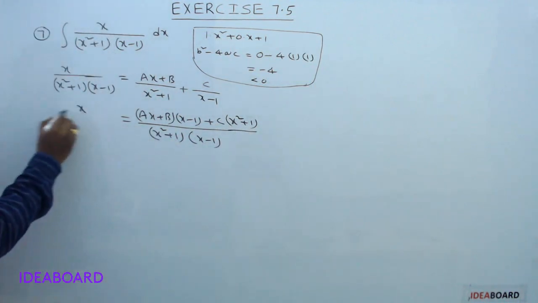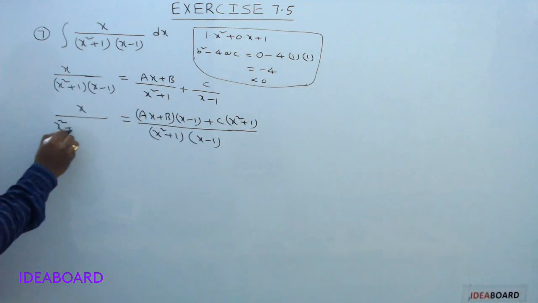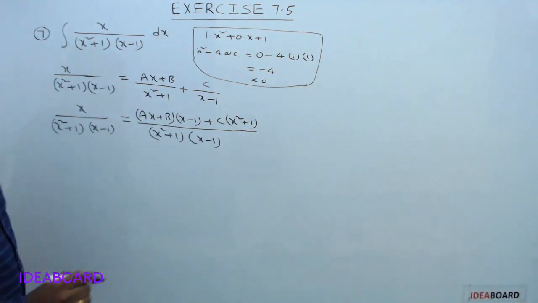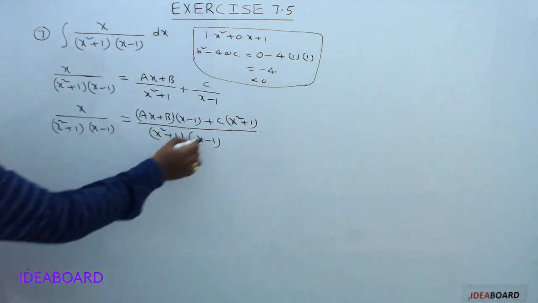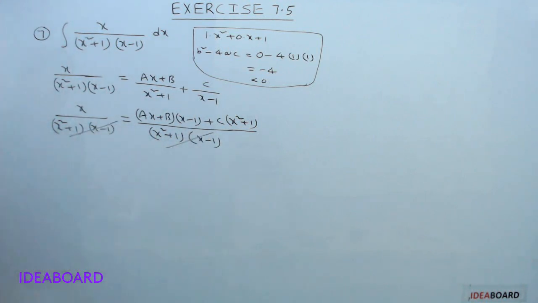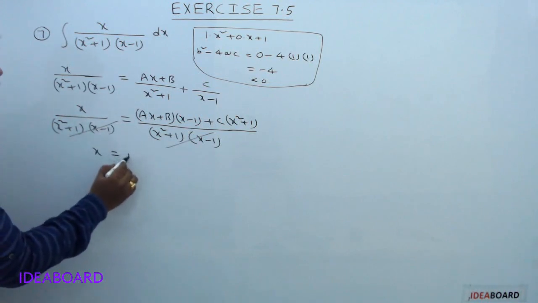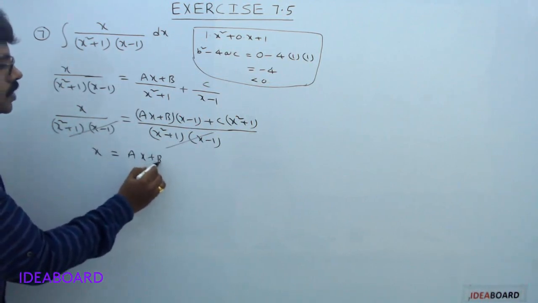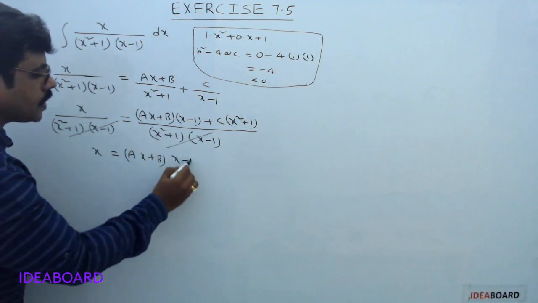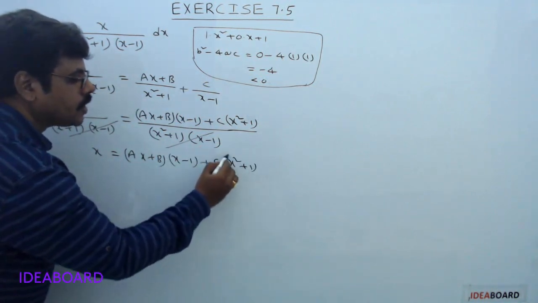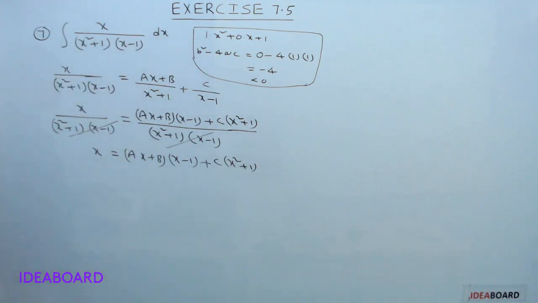Now write down the LHS as it is: x divided by (x square plus 1) into (x minus 1). Now cancel the denominators on both sides, then write down the remaining expression: x equals (ax plus b) into (x minus 1) plus c into (x square plus 1).